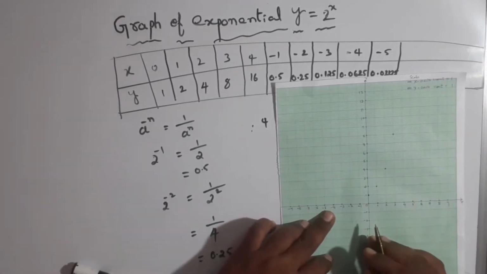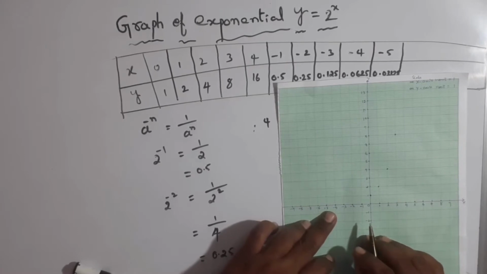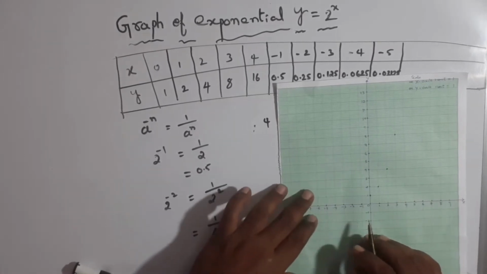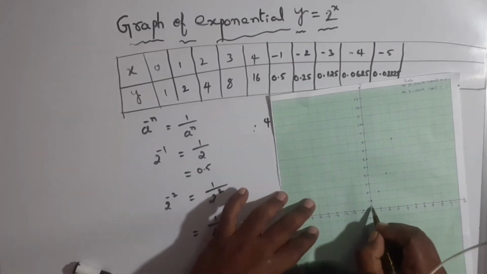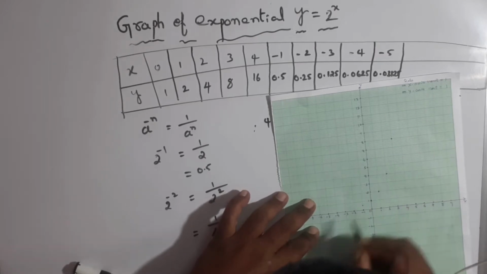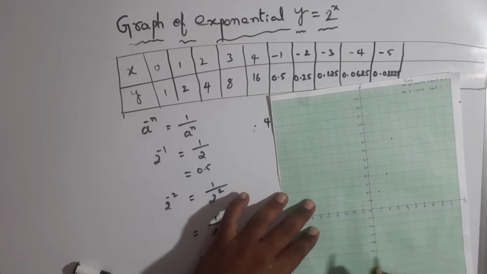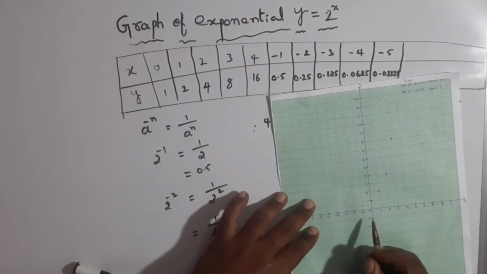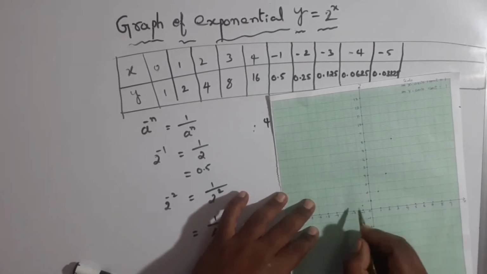My graph is not supporting this value. And x equals minus 1, it is 0.5, approximately half of the value. x equals minus 2 is 0.25.